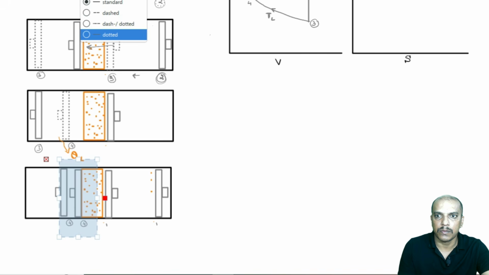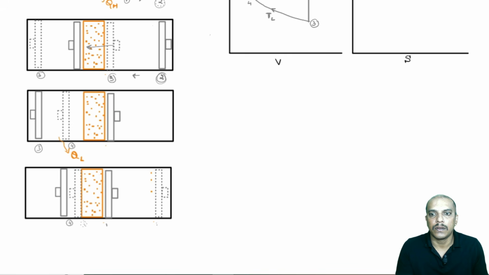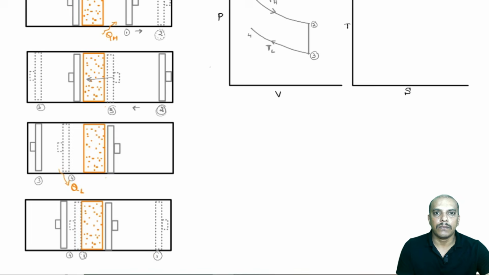So, I will keep this in dotted line. Now, this will be our final position 4 to 1, volume remaining constant, okay, volume remaining constant, 4 to 1.